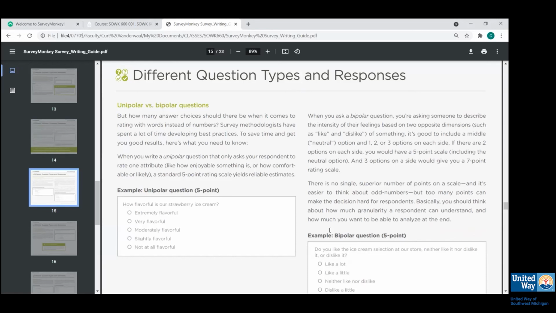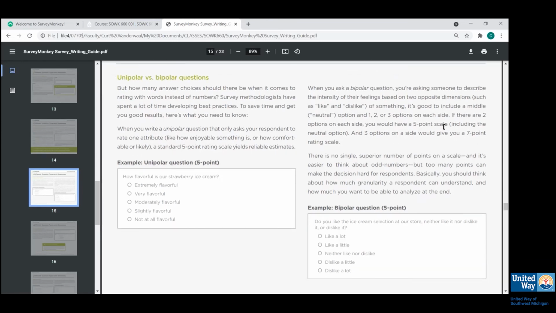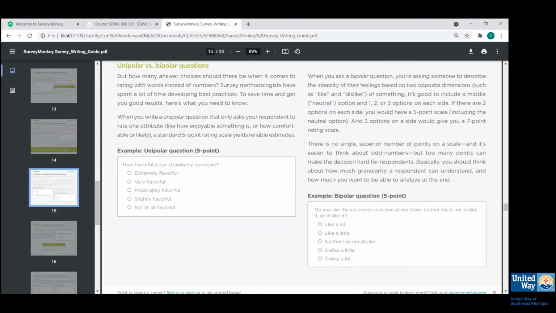When you write a unipolar question, meaning that it's asking your respondent one attribute or one thing, you're more likely to get reliable estimates. The 5-point scale is the most common and reliable way to do that. So only ask one thing is the best way to do this. And if you want to see what a bipolar question looks like, you can see over on the right there, a bipolar question would be, do you like the ice cream selection at our store?